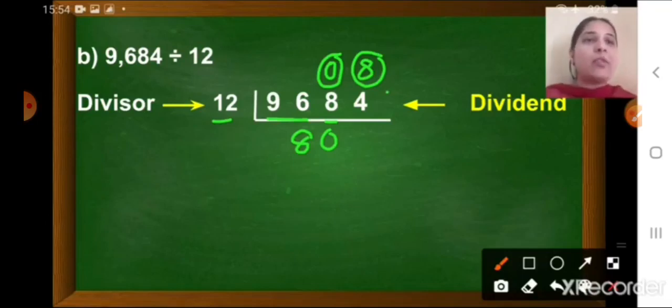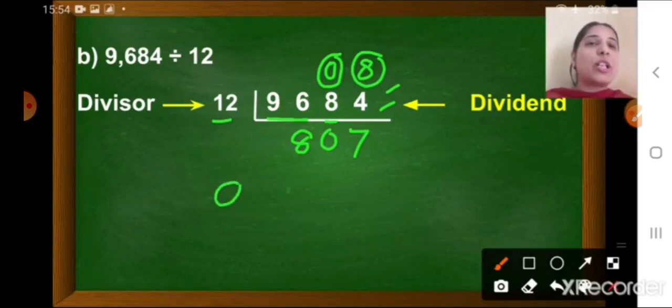So now we have 84. So how many times in the multiplication table of 12 will we get 84? Yes, 12 sevens are 84. So 84 minus 84, we will not get any remainder, because that is completely divisible.